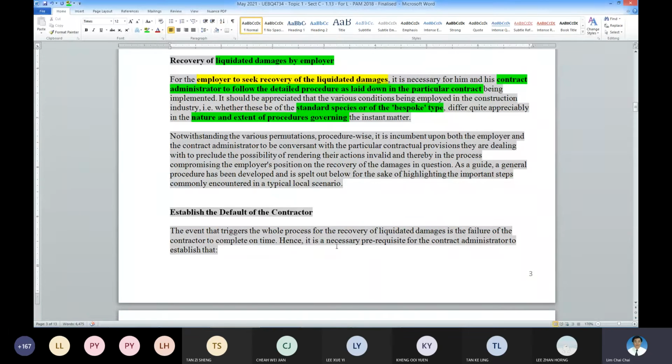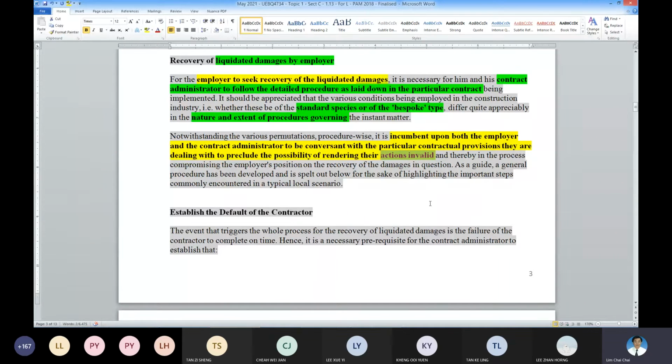So it is important for the employer and the administrator to be very familiar with these procedures. If not, your action could be invalid.